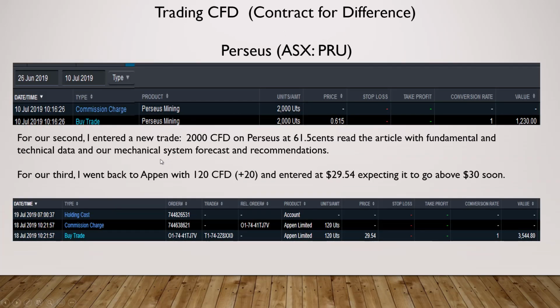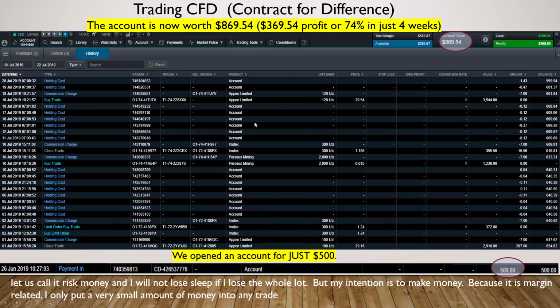After that, on the 10th of July, we entered the trade in Perseus Mining. We entered the trade at 61.5 cents, and we closed it some time later, I think about 3 or 4 days later, and we increased our profit. As you can see here, the 50% profit became 74% profit.